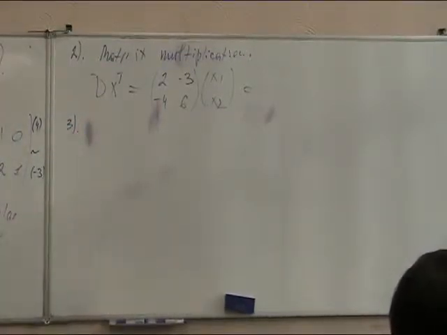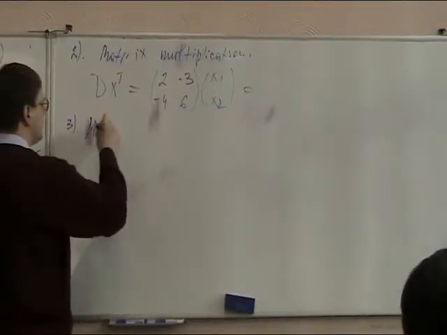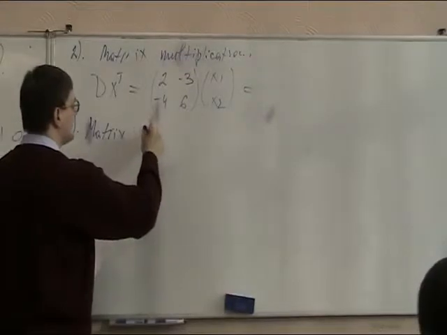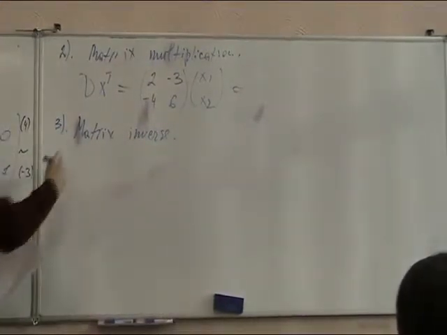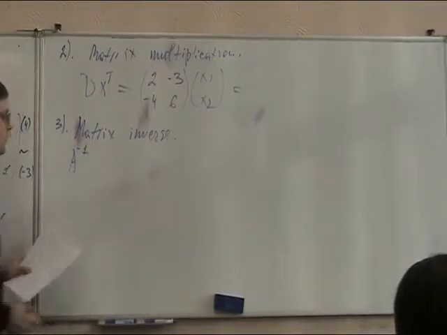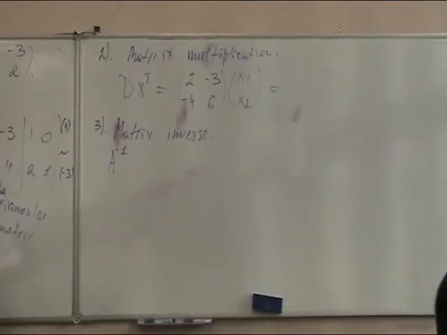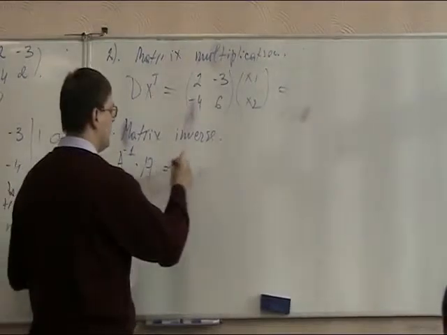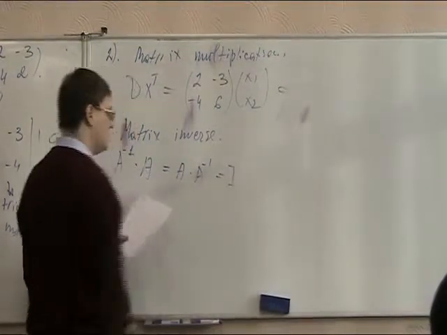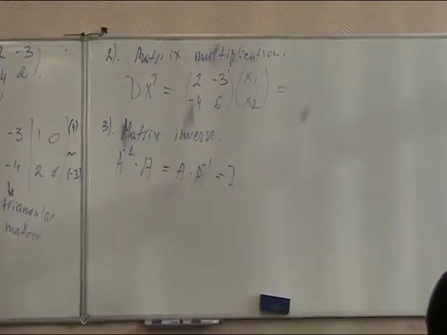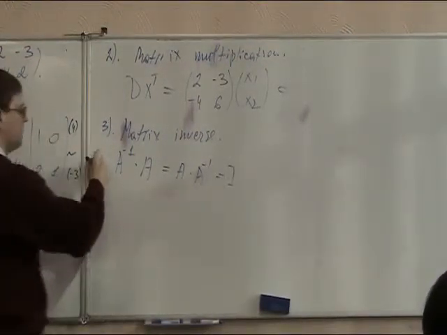The next thing that we have to know is the matrix inverse. We define the inverse of the matrix A as A to the power minus 1 multiplied by A is equal to A times A to the power minus 1 is equal to matrix E, which is the identity matrix. This is kind of the definition.